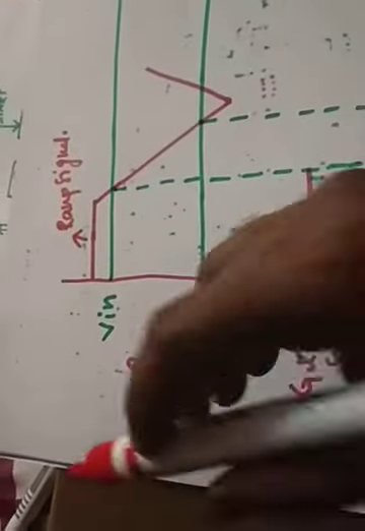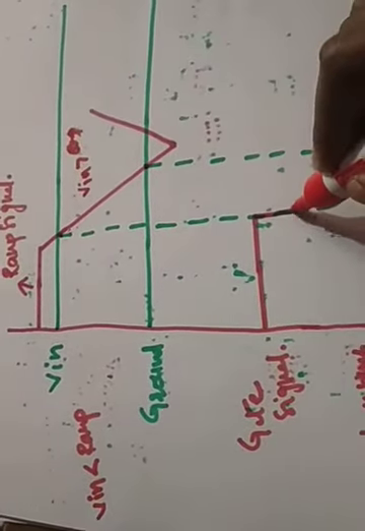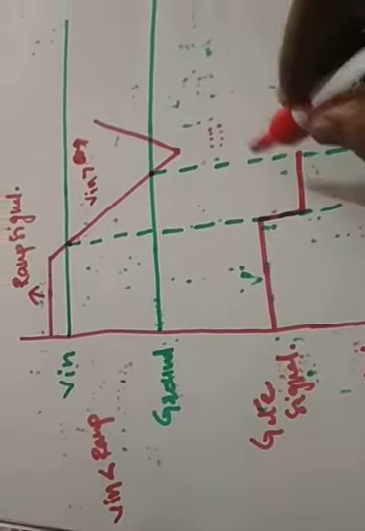Input which is greater than the ramp signal, so then definitely your gate is open. Now in this portion, your input is greater than the ramp, so the gate is open.